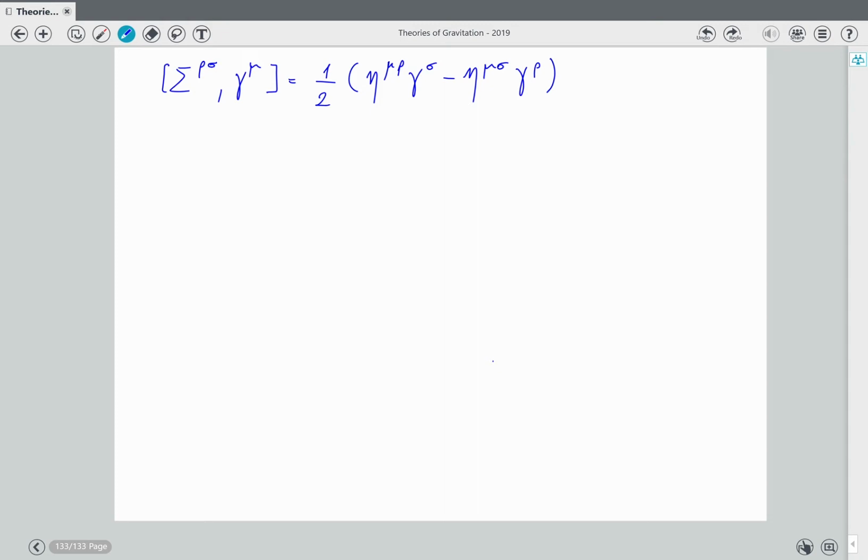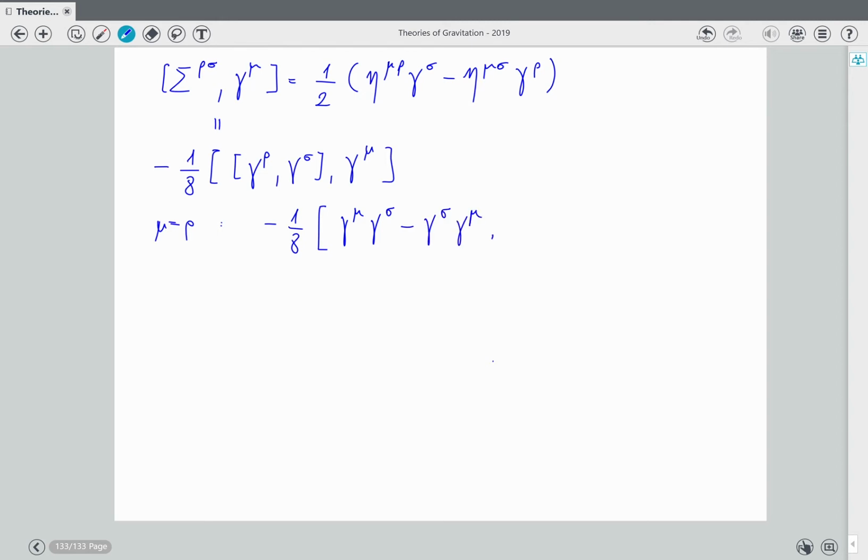So, for example, if you want to check this in a simple case, to check the coefficient, let's replace the definition of sigma, which is a commutator minus 1/8, and if we take mu equal rho, we get minus 1/8 gamma mu gamma sigma minus gamma sigma gamma mu commutator gamma mu.